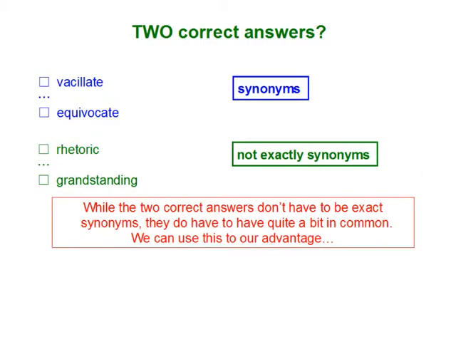And so one important concept here is that the two correct answers don't have to be perfect synonyms, they do have to have quite a bit in common. If they're not synonyms, they've got to be as close to synonyms as we can possibly get.